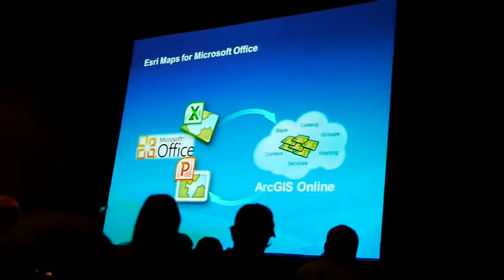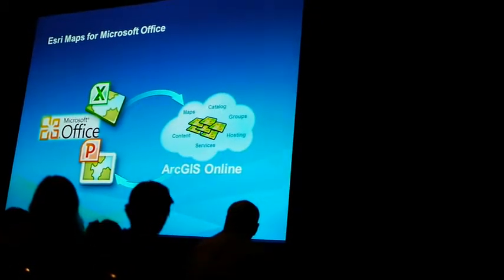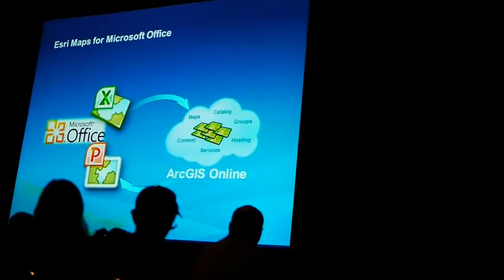So you could, in Excel, search for a map that you published in ArcGIS Online as a map service, a feature service, and you can bring that in to be a backdrop for your Excel data. And you can publish all of it into ArcGIS Online. So there's a two-way relationship with the cloud.